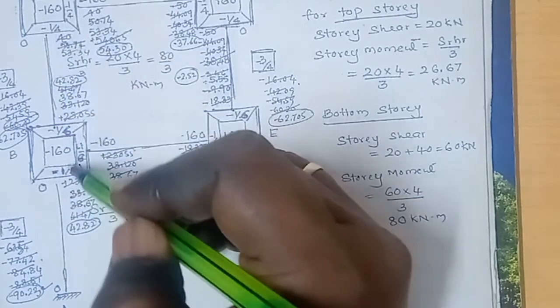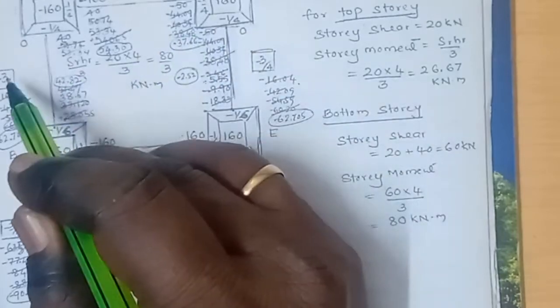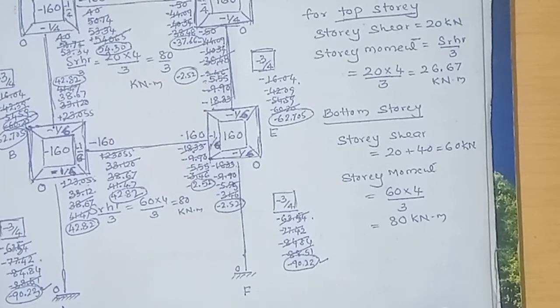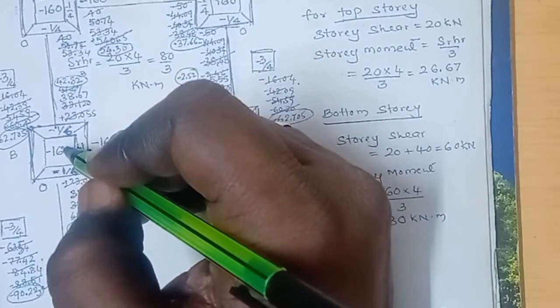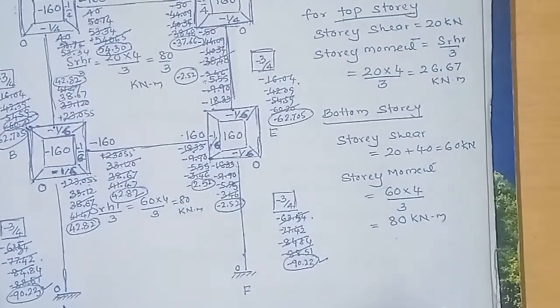Then the far end rotational contributions are 0. The displacement contribution is also 0. Hence that is by simplification you will get 40 kilonewton meter. Similarly, for the vertical member M dash CD, that is also same, that is minus 1 by 4 inside of the bracket minus 160, you will get 40 kilonewton meter.